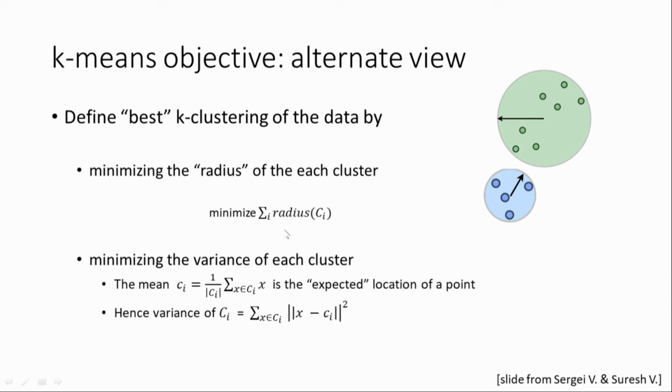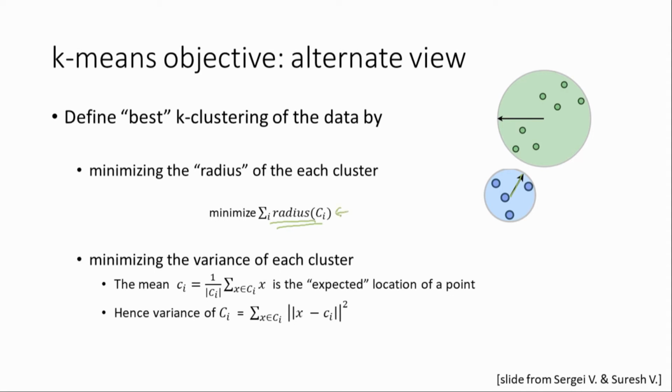Let us say this: as I mentioned, we could be doing two things. I could be saying you put down the centers, you associate them with the points, then you try to minimize the radius of the clusters, where the radius is defined as the distance of the center to the farthest point that gets associated with the center. This could be what we are doing.